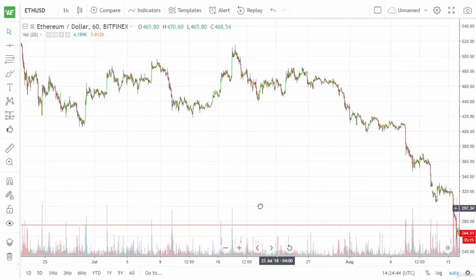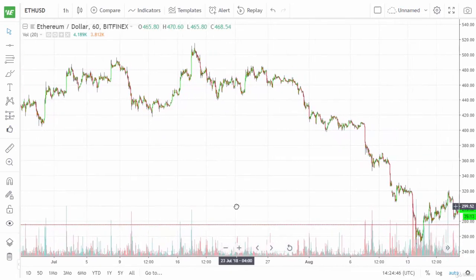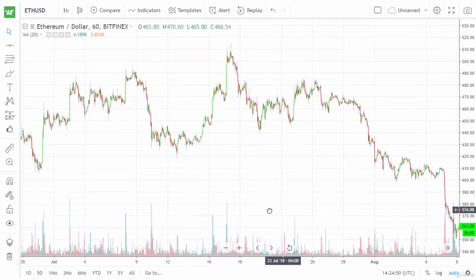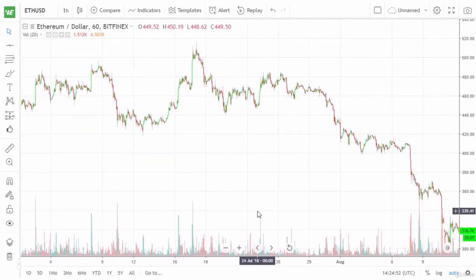So let's go ahead and look at another Fibonacci tool called the Fibonacci extension. It's based on the same mathematical ratios that Fibonacci came up with. Only this time, what you're looking for is a potential price target, not a re-entry point into the trend.